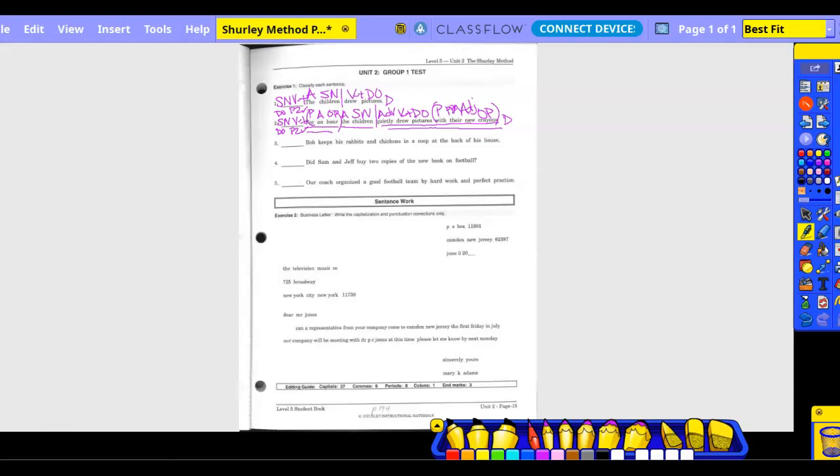Children once, and then quietly drew pictures with their crayons twice. Okay, next sentence, number 3. Bob keeps his rabbits and chickens in a coop at the back of his house. Who keeps his rabbits and chickens in a coop at the back of his house? Bob. Subject, noun. What is being said about Bob? Keeps, verb. Keeps what? Rabbits and chickens, right? Are those the same thing as Bob?